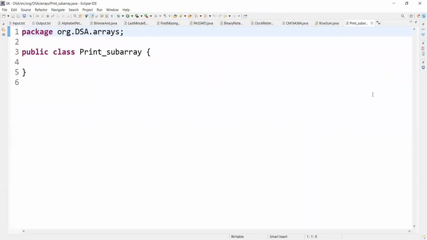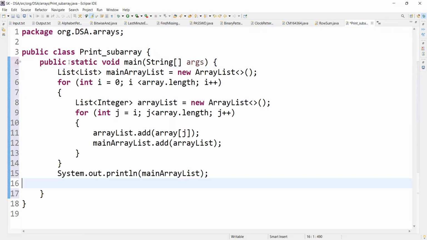I hope you all are able to see my IDE. So this is the program written by Bhuvnesh.